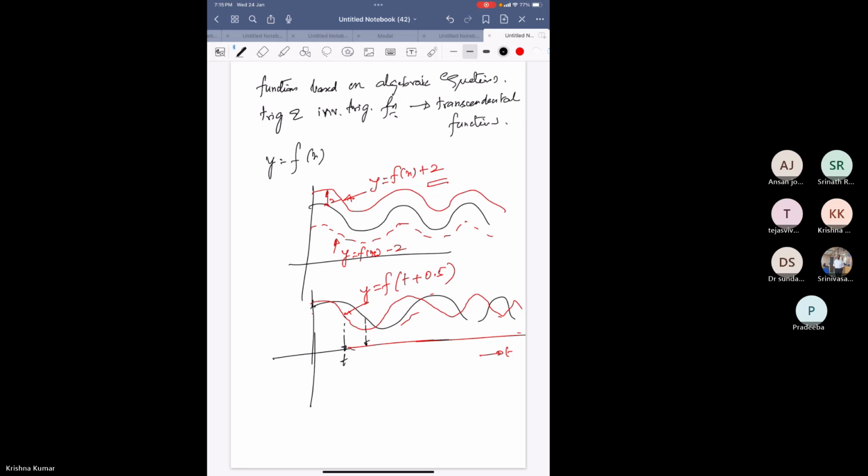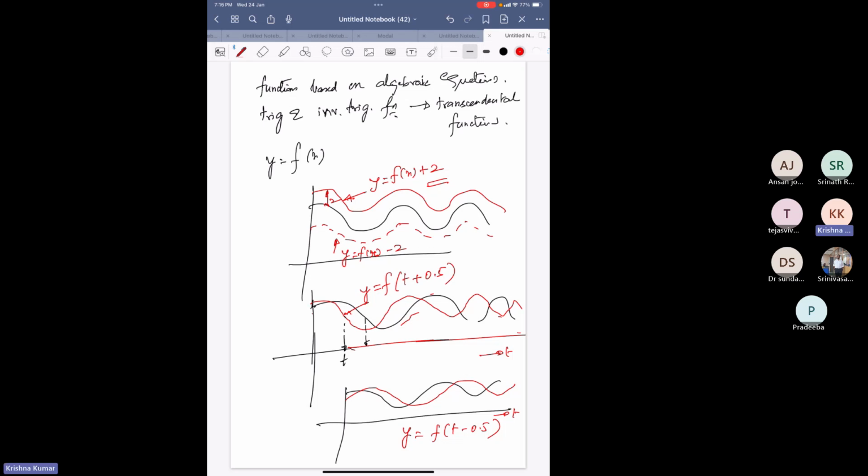And I can shift it to the right. How do I do that? I shift it to the right like that. My new equation is t minus 0.5, and I'm shifting it to the right.